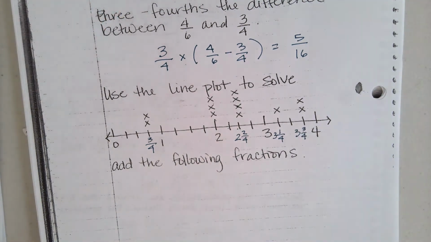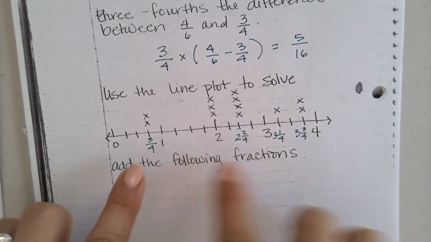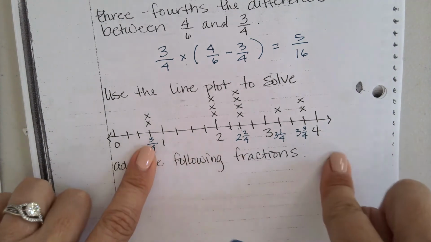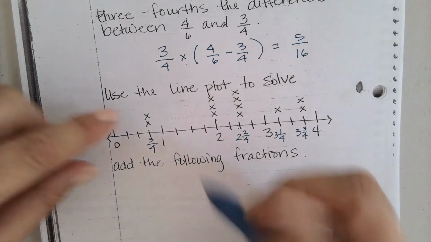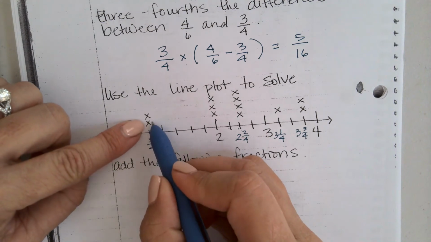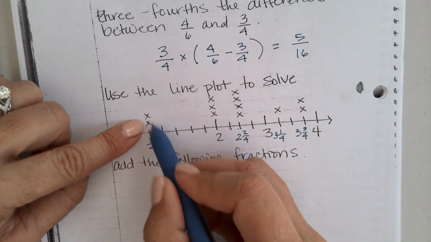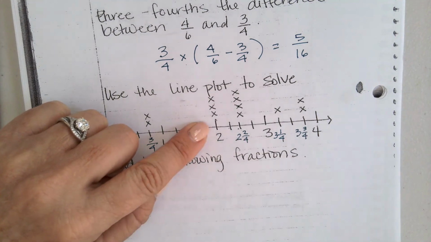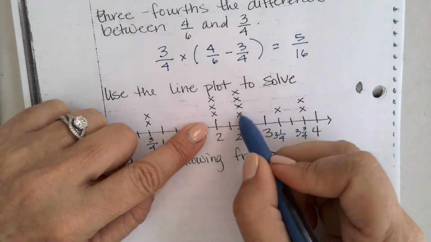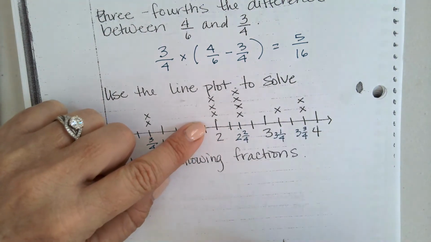All right. So now that was step 1. First, before you can do anything, you need to label your line plot. Then you need to say, I have 3/4 how many times? I have 3/4 2 times. I have 2, 1, 2, 3 times. I have 2 2/4, 1, 2, 3, 4 times, right?